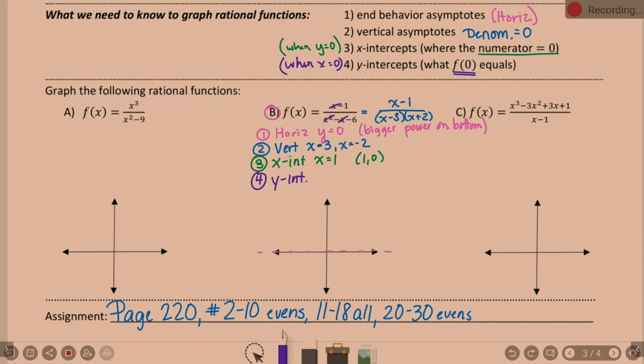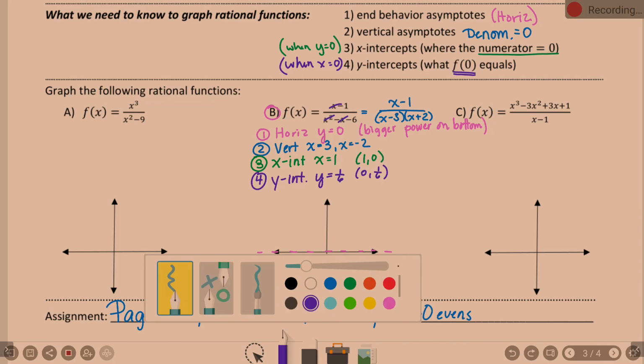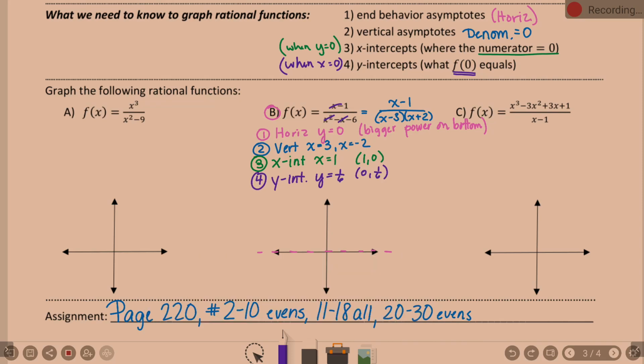So we're going to have a y-intercept of, what's -1 over -6? Positive 1/6. Or if you want the ordered pair, (0, 1/6). Okay. Now, back to the graph. We already talked about the horizontal asymptote, and then I failed to talk about anything else on this graph. Vertical asymptotes.